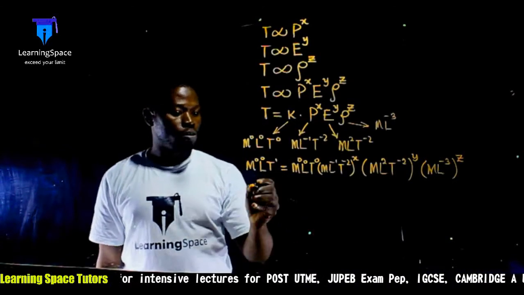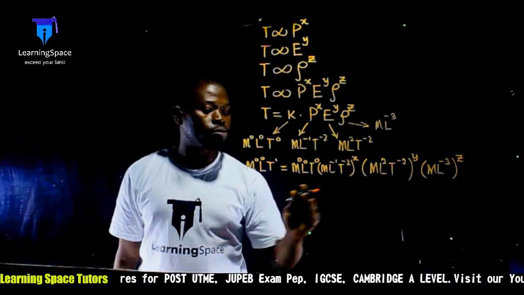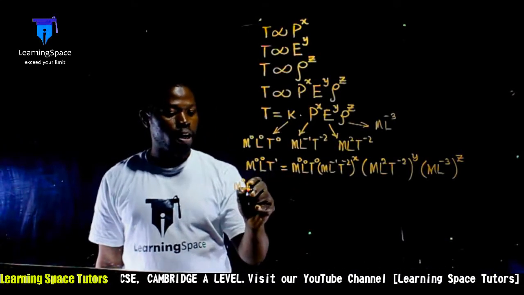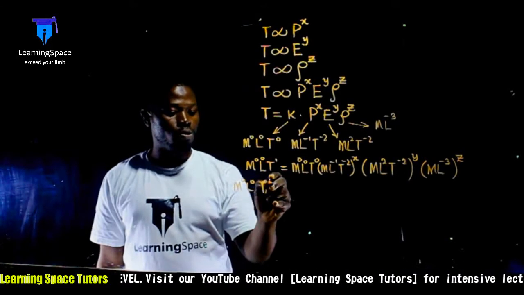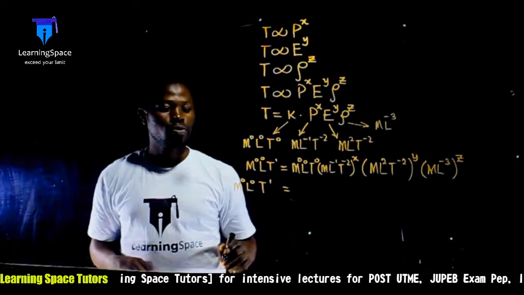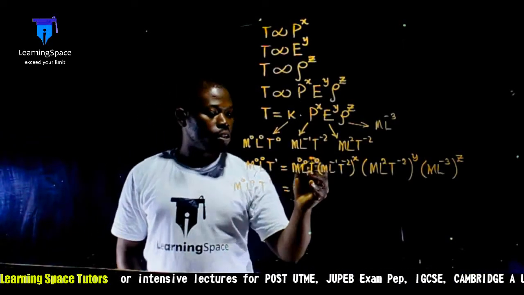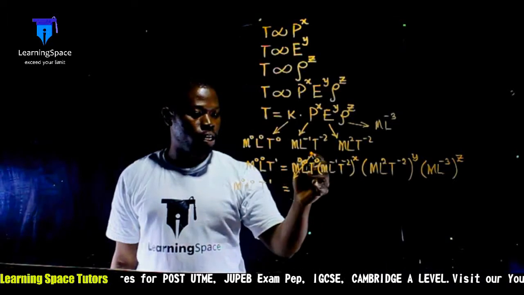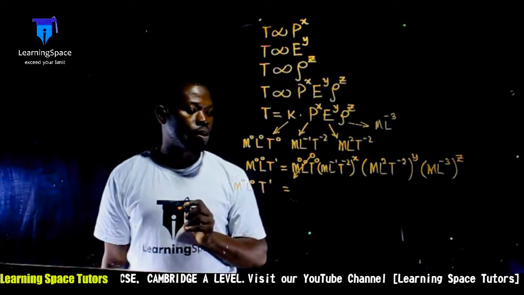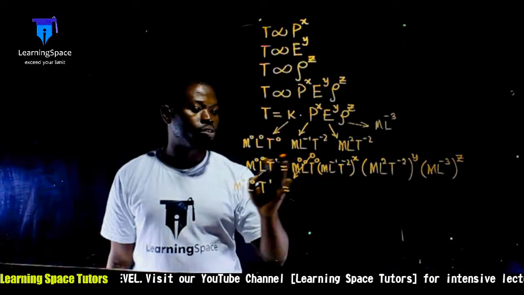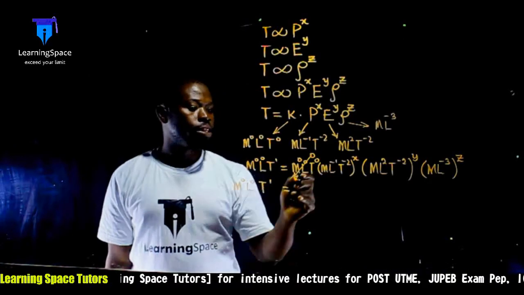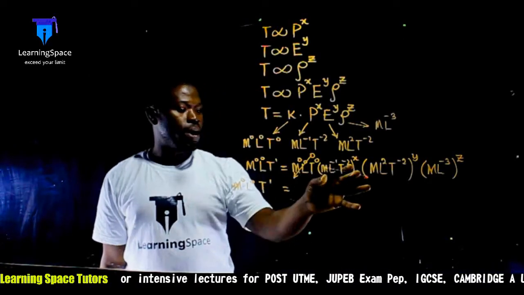Okay, now if we try to simplify everything we have here, we have M raised to power 0, L raised to power 0, T raised to power 1. Now this is gone here because M^0, L^0, T^0, everything will give you 1, so we can ignore that. Then we have this mass.